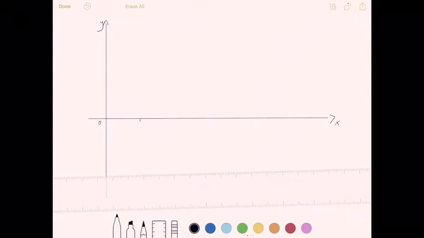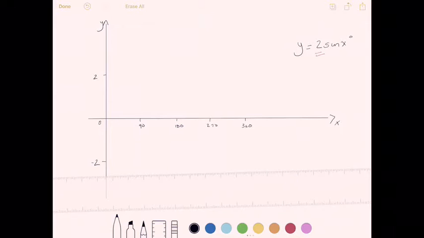The next one we're going to sketch, we're going to first of all just put in our key points on our x-axis again. And we're going to sketch y equals 2 sine x degrees. This time the maximum value changes to 2 and the minimum value becomes -2.